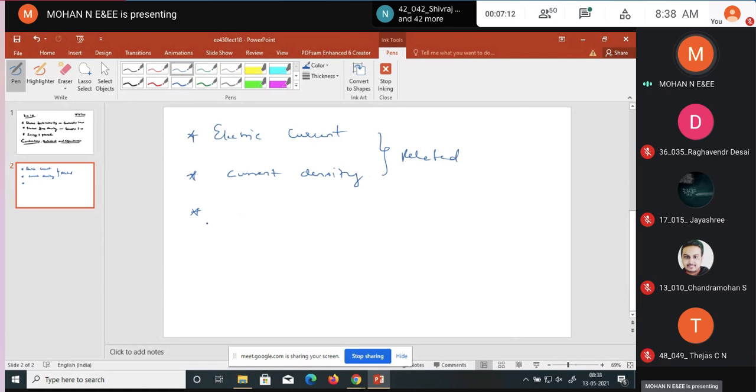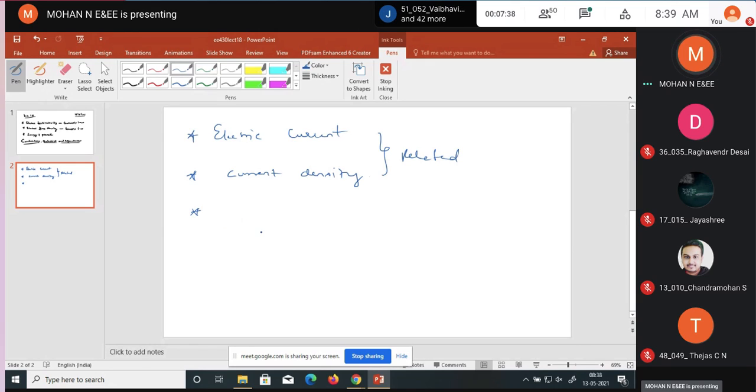For example, it might be a conductor, it might be a dielectric, and an example of a dielectric is a capacitor. So these things decide the basic properties of any element, and you can understand these concepts under different conditions.